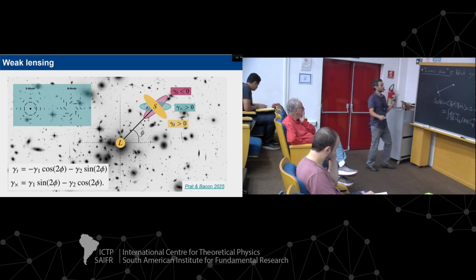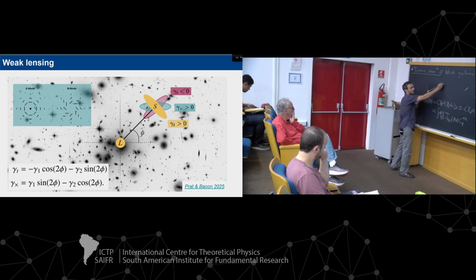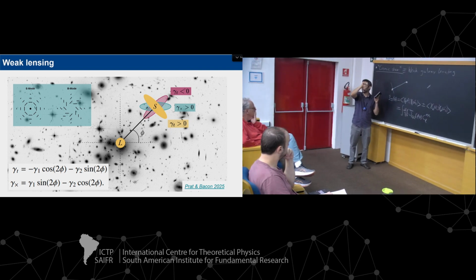No, so you will need to define them for each pair of points in your survey, right? So you would go over each pair of galaxies in your survey. For each pair, you would define the preferred coordinates like that, and then you would redefine the values of gamma t and gamma x for each of the two galaxies along this preferred axis. Compute this, and then compute these products, right? And then do this for all pairs of galaxies, and then average over pairs of galaxies.